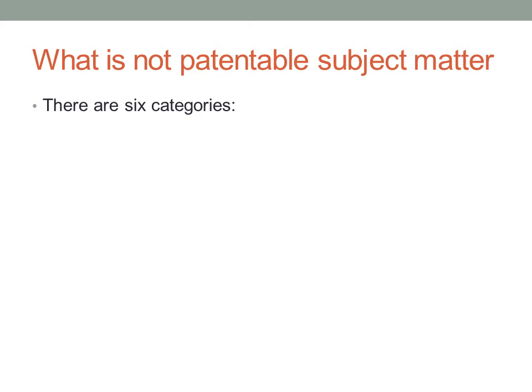Things that are the product of nature, such as a newly discovered natural organism or mineral or chemical element or a new plant found in the wild. Product of nature. Something that's a product of nature is not subject matter to a patent. Laws of nature. Gravity, right?